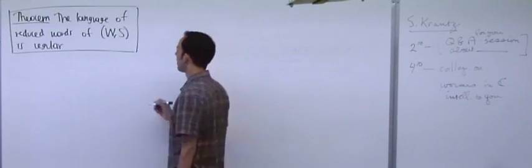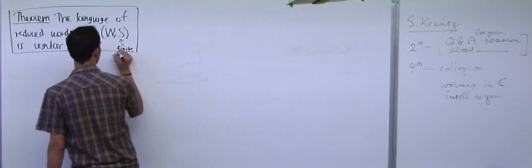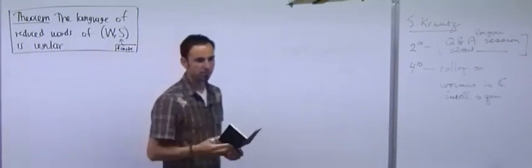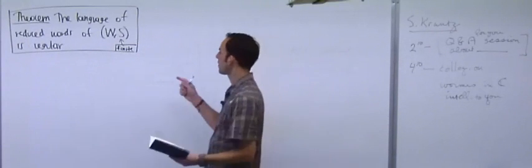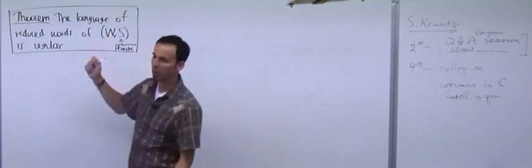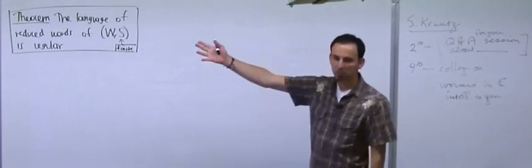Where again, I want to assume that this is a finitely generated Coxeter group, because if it's not, then there's just no hope of this being true. Okay? So any finitely generated Coxeter group has a regular language of reduced words. Okay? In other words, I need to build a graph like this.